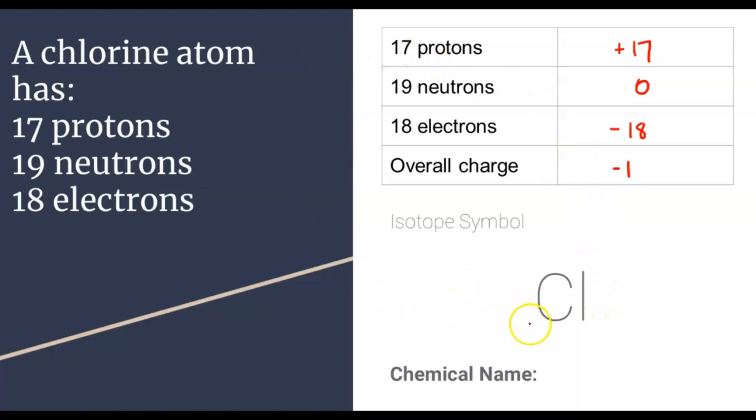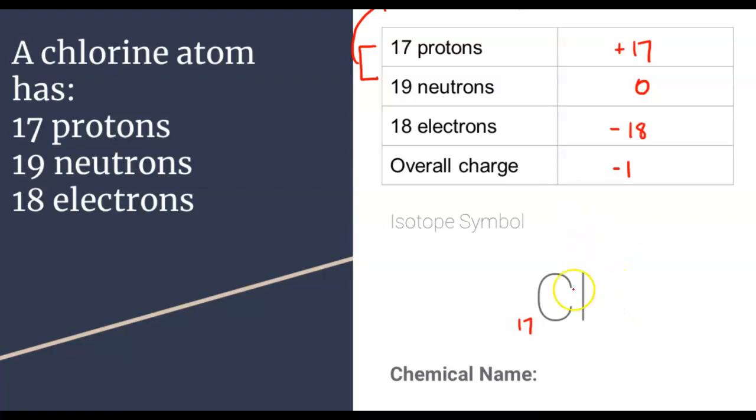So remember, on the bottom, I place the number of protons, bottom left. So that's 17 protons. On the top corner here, I'm going to calculate the atomic mass. So that's 17 AMU plus 19 AMU.